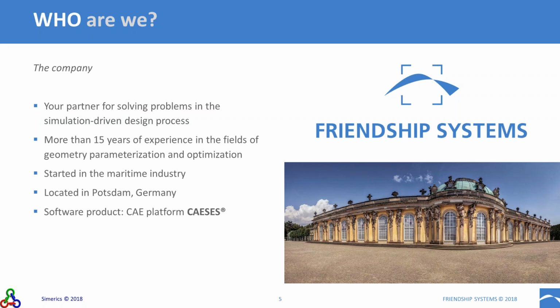We have more than 15 years of experience in the fields of geometry parametrization and optimization. Initially, we started in the maritime industry, and then over the years we also moved into a lot of other applications that are concerned with flow optimization in general. The company is located in Potsdam in Germany.